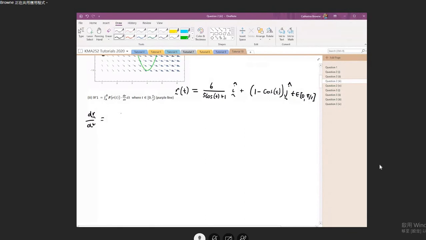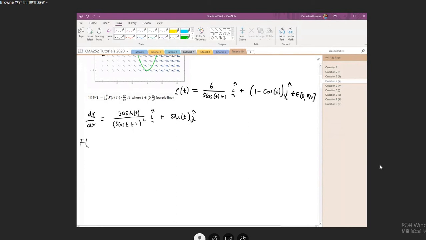So dr dt, I'm going to get 5 cos t plus 1 squared on the bottom, and then I'm going to get a 6 by 5, so a 30 sine t on top, I, plus a minus minus, so a sine t j.